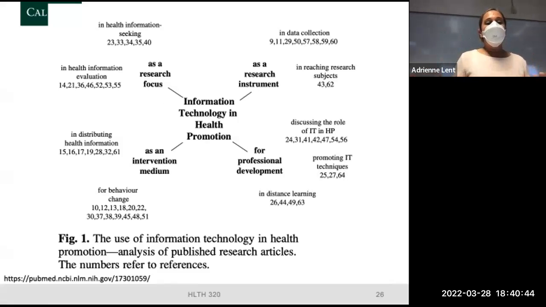So in health information evaluation and as a research instrument. So using technology to actually collect data and also reaching research subjects. As I mentioned, at the Cancer Center at the University of Arizona, we did a lot of recruitment online in terms of getting people into research projects.